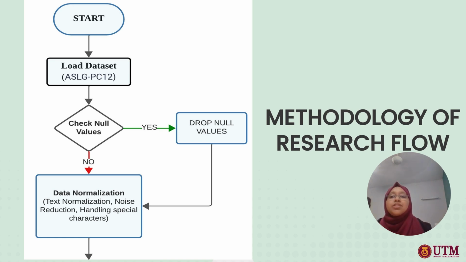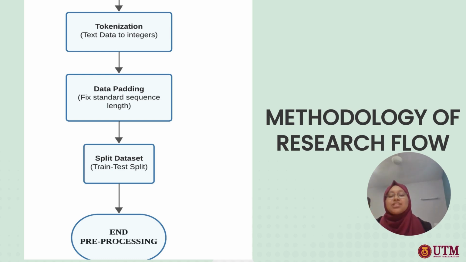Then I went to the tokenization, which opened another new column in my data set, and then I padded my data to fit all the data into the same padding, and then split my data into train and test, which is an 80% and 20% ratio, and that's the end of my pre-processing.